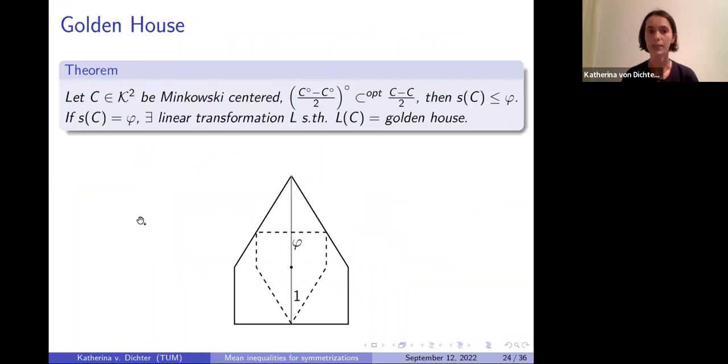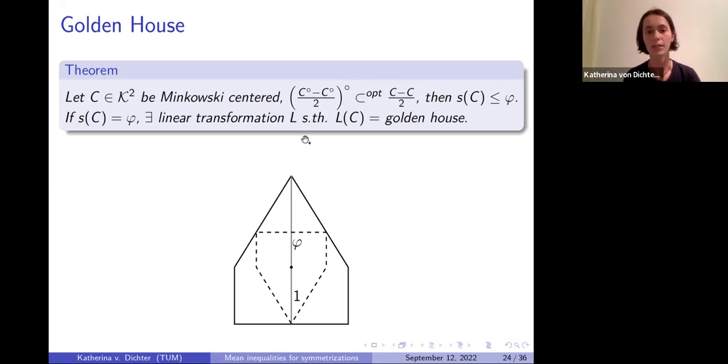And we have shown that if C is planar and Minkowski centered and alpha is equal to 1, then the asymmetry is not greater than the golden ratio. And if we have the asymmetry exactly as the golden ratio, so we are exactly at this red dot on the diagram, then the set must be a linear transformation of the golden house.